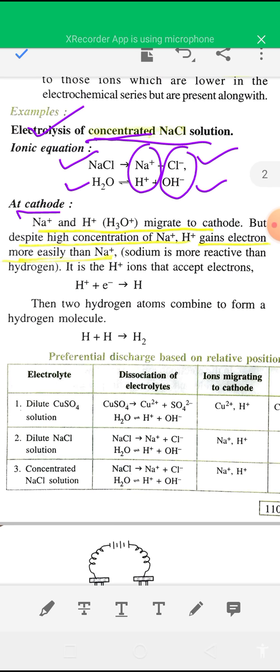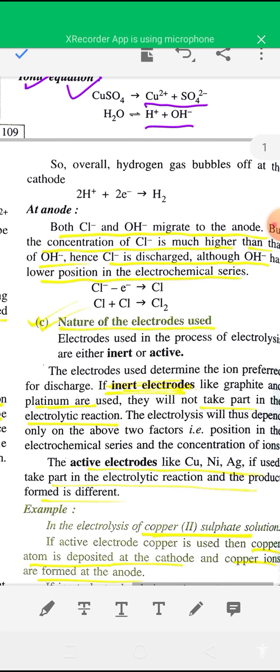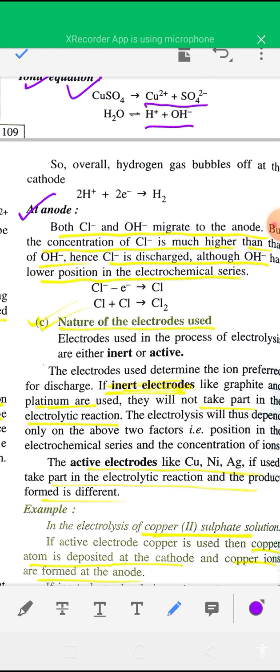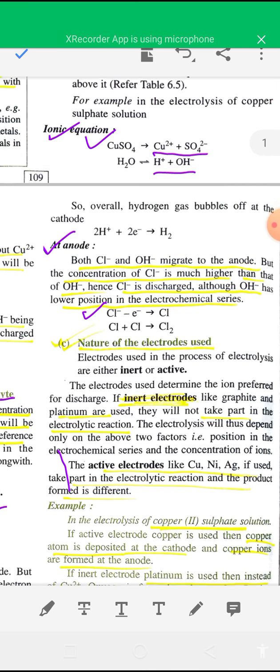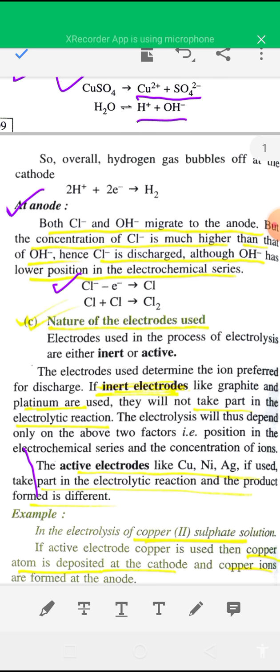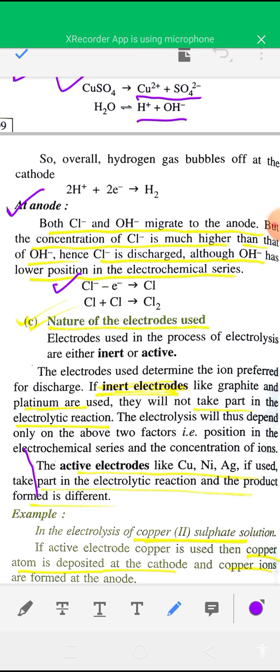And at anode, between OH- ion and Cl- ion, you will see that Cl- ion will discharge more easily, because although position of Cl- ion in the electrochemical series of anion is higher than position of OH- ion, the concentration of Cl- ion is much more than concentration of OH- ion, so Cl- ion migrates toward anode more easily and can lose one electron to form Cl atom, and two Cl atoms combine together to form chlorine molecule.